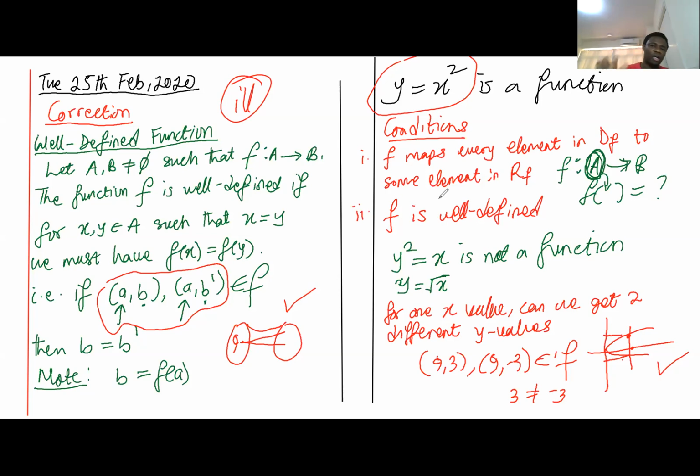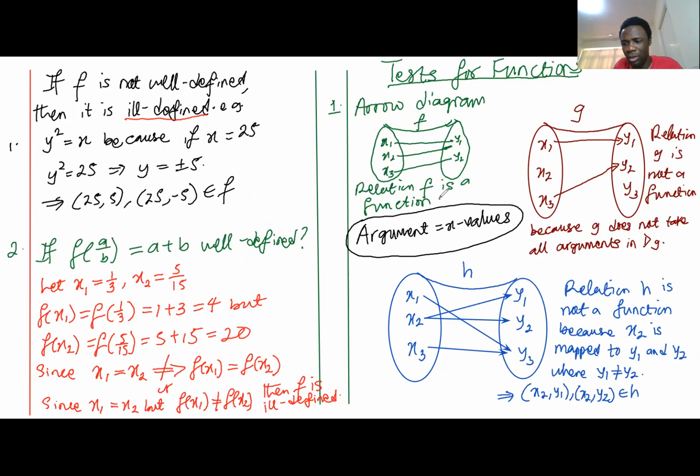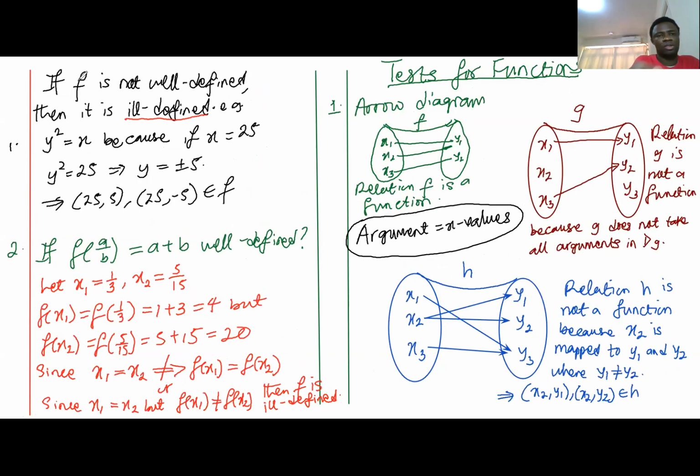Oh, is this well defined? Yes. Then you can say, oh, indeed it's a function. So algebraic method is the second, and the last is the, so again, I wrote here test 1. So test number 2.